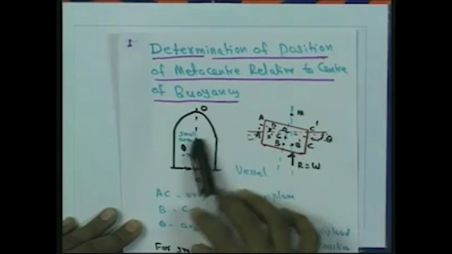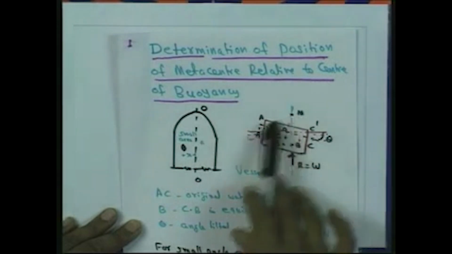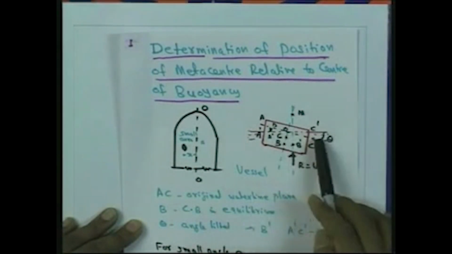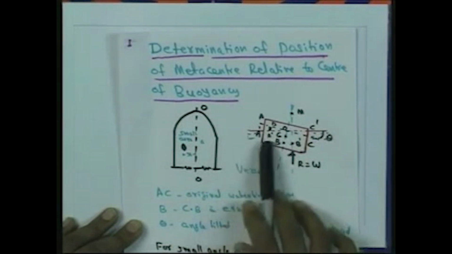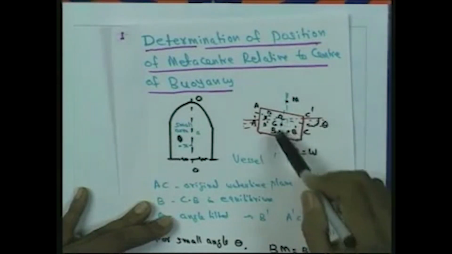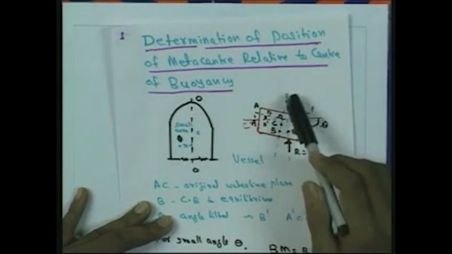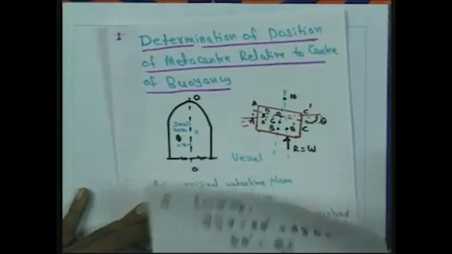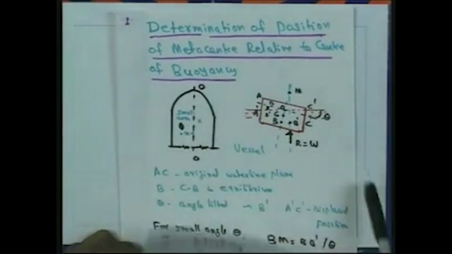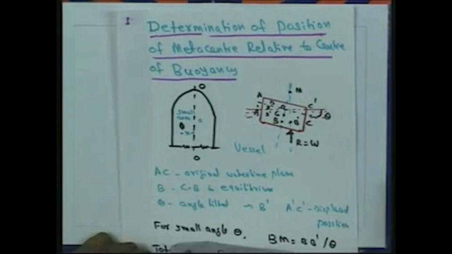So what we are doing here is, we are giving a small tilt, and with respect to how much liquid is displaced, and then the new position, we are taking the moment, and finally we get this Bm, the distance from the center of buoyancy to the metacenter, as the second moment of area of the waterline plane about O divided by the volume of the liquid displaced.